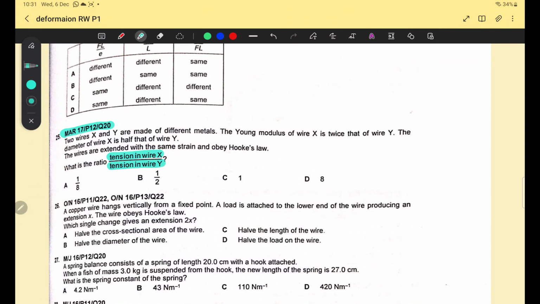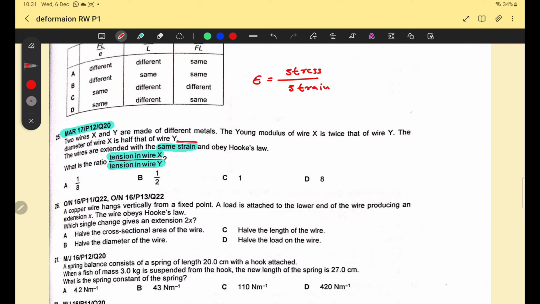Read the question. Two wires X and Y are made of different metals. Young modulus and diameters are given. The wires are extended with the same strain. Okay, so I am writing Young modulus is equal to stress over strain.